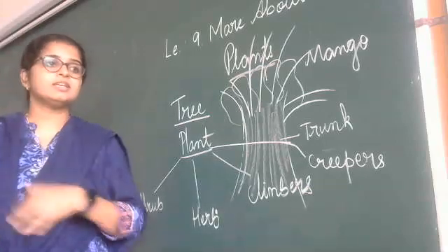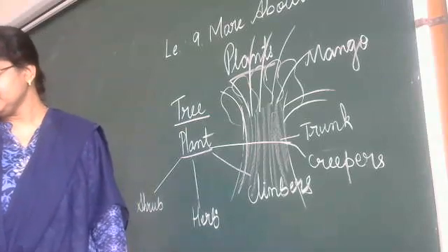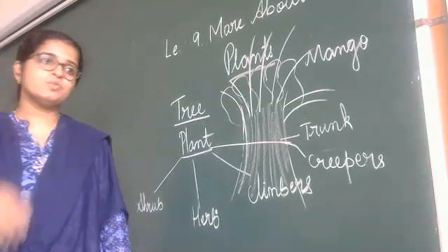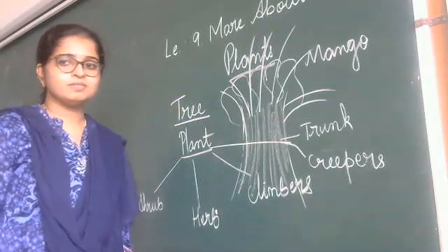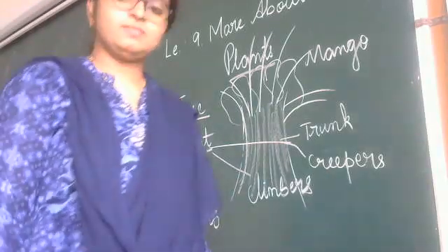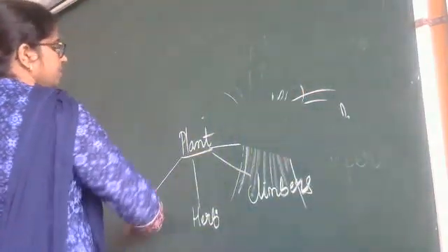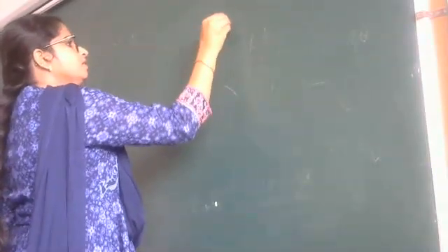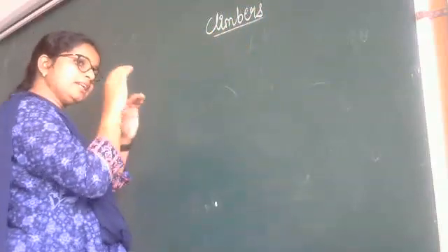And next is climbers. Climbers means, what? Which climbs? Children, in plant, the next part is climbers. This name climbers only indicates that it climbs.